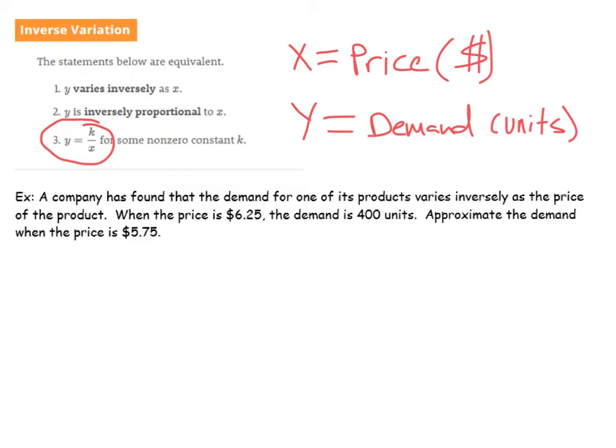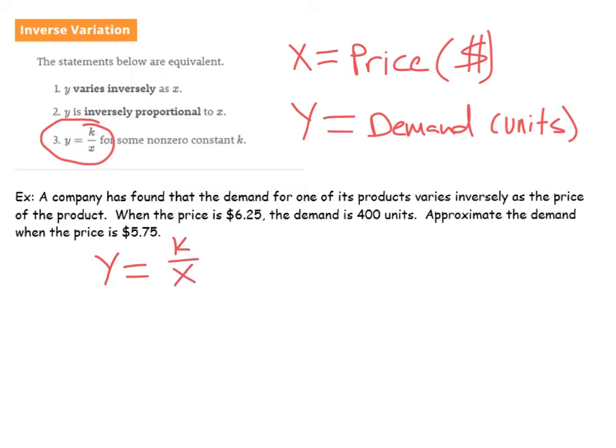In other words, the product that they're selling, which it does not say what it is, for our purposes to write the equation, it doesn't matter what it is. If they make it more expensive, they're going to sell fewer of them, okay? If they make it cheaper, they're going to sell more.